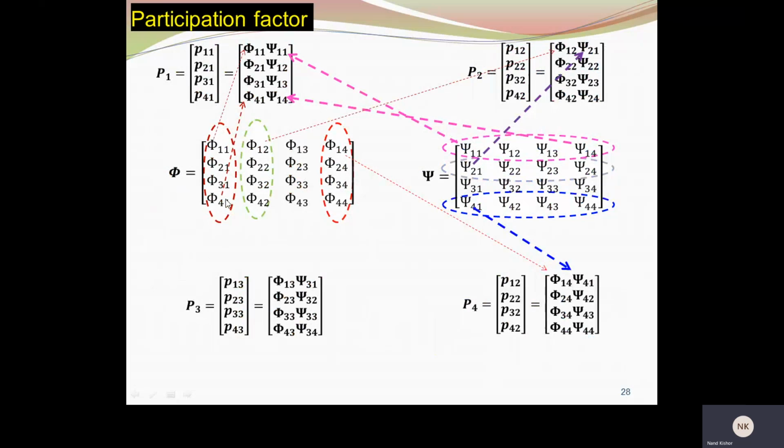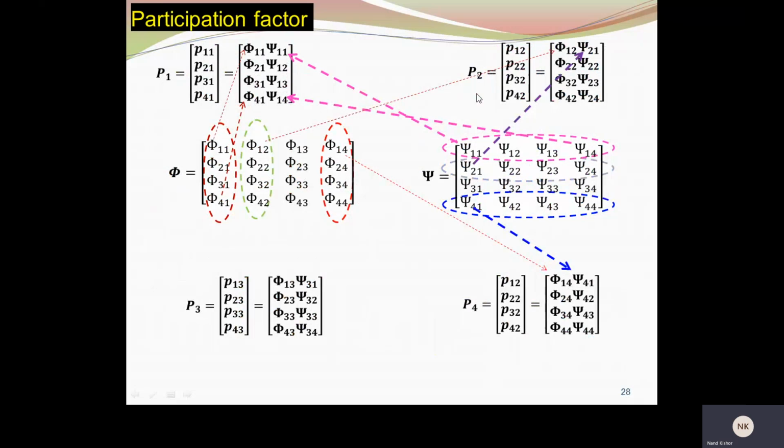So we have this one represented here, and then we have this part written here. These are the products, and that gives you P1 here.